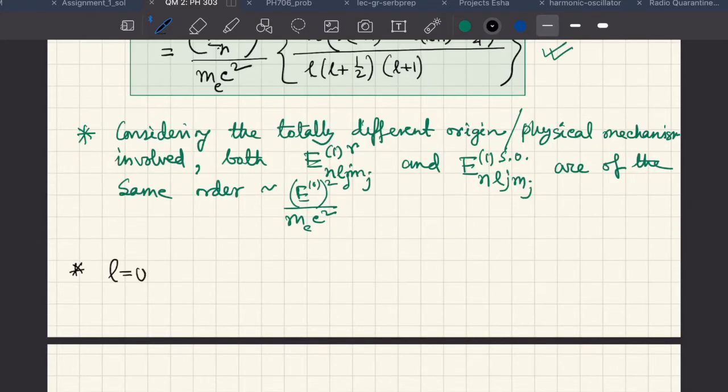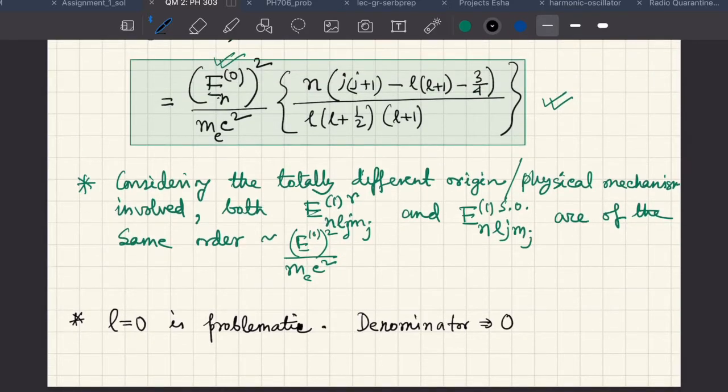L equal to 0 is problematic because the denominator is 0, but also because L equal to 0 means J equal to S, because J is L plus S. So J equal to S, and S is half, therefore this is also going to give 3/4.